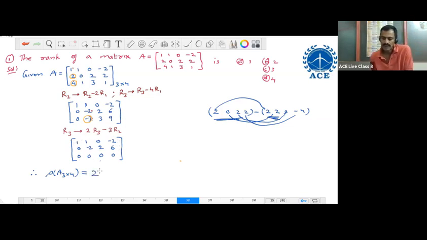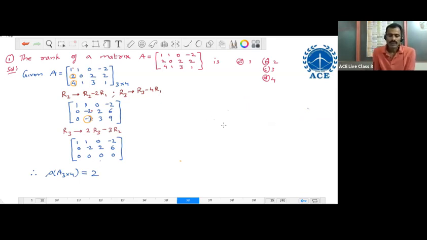It is the reduction method. In the rank of a matrix, we have problems on 3 by 3, 4 by 4 and 3 by 4 matrix rank. But most of the GATE questions are on 3 by 4 matrix rank. For a 3 by 4 matrix, within 2 steps we can get the rank.